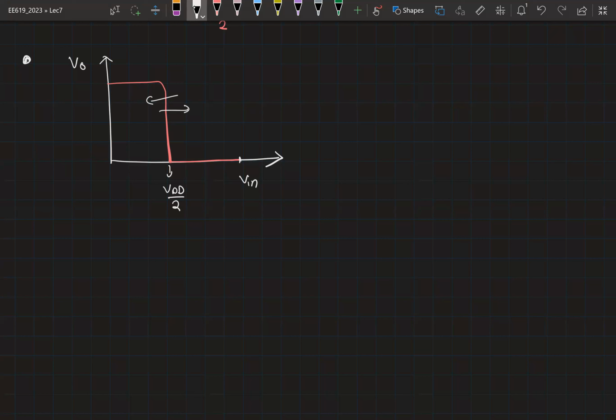For example, let's consider an ideal VTC curve as shown here. Let me call this point VM. Can you tell me what is VIL and VIH? Both are equal to VM, right? So now what is noise margin high?